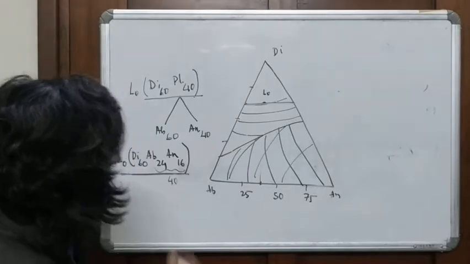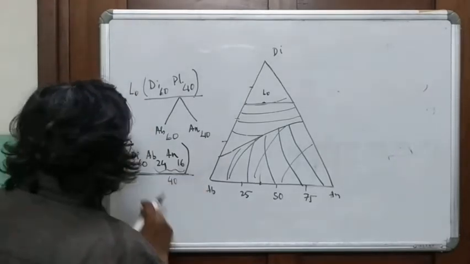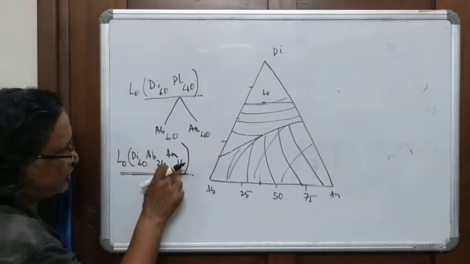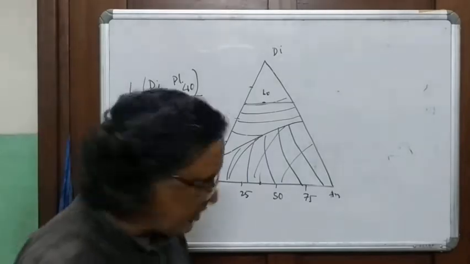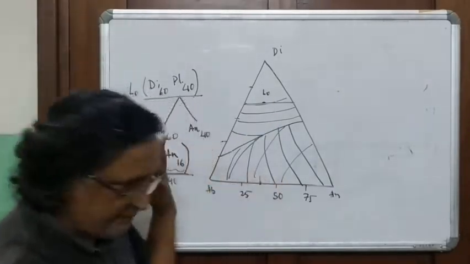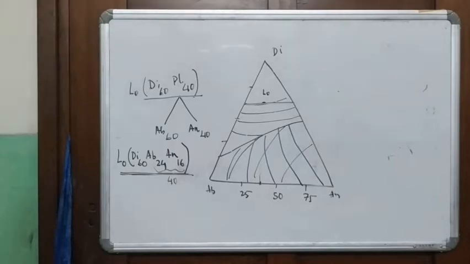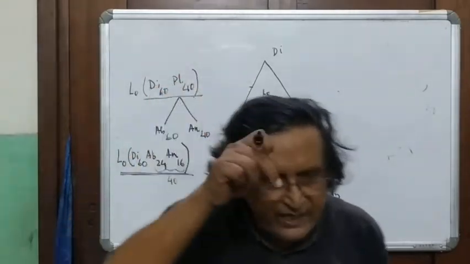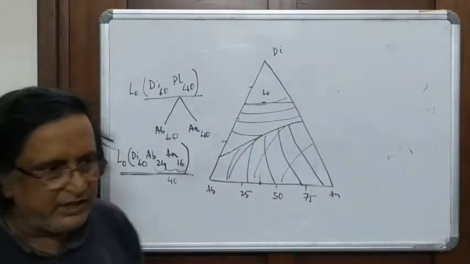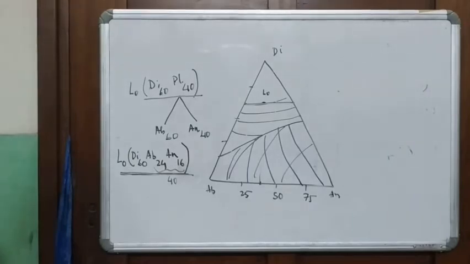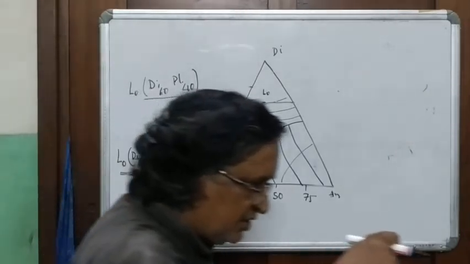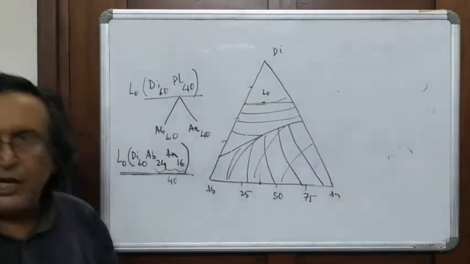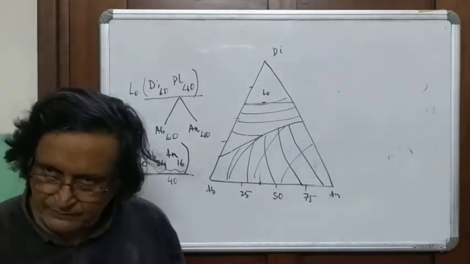Now, so we start with the liquid L0, which has diopside component 60, albite component 24, anorthite component 16. Is that all right? So it is like this. Now, what happens when the melt touches the liquidus of diopside? Diopside will crystallize. The moment the melt touches the liquidus surface of diopside, diopside will start to crystallize.